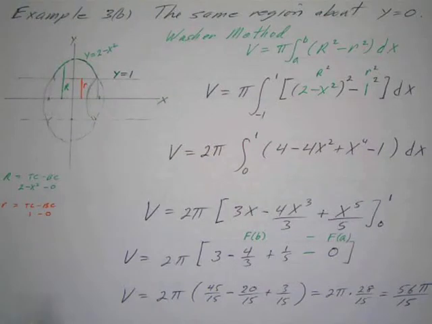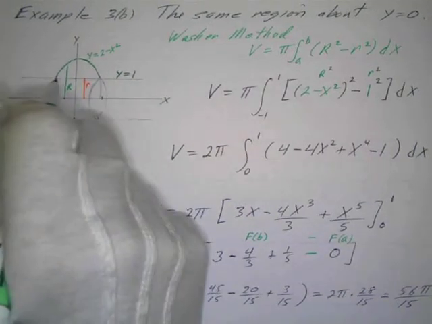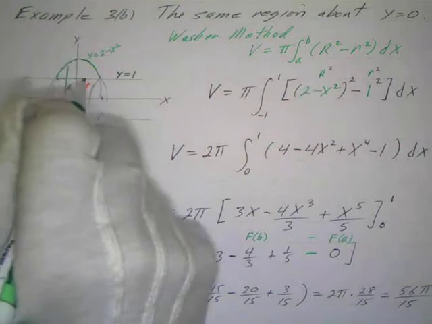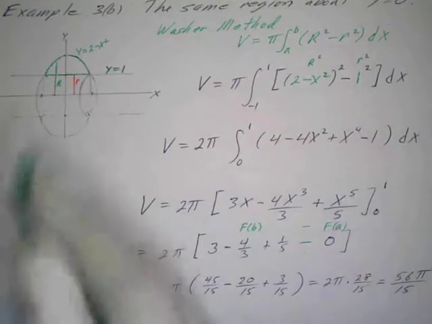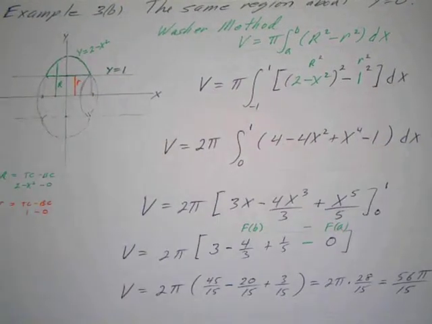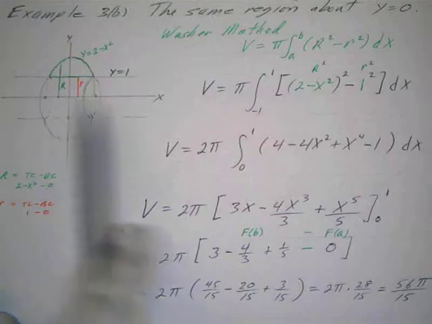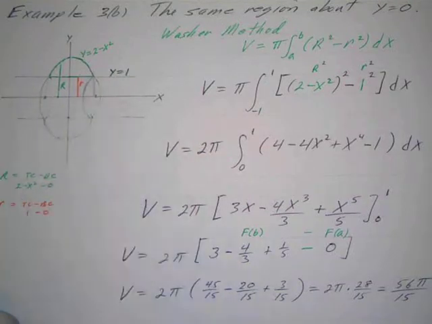And again, the object we have ends up being this part, and I could close that in blue. That's the part that's going to be revolved around, but there will be a hole there because it's offset from the line of revolution. It's revolving around the x-axis, which is y equals 0, not y equals 1.